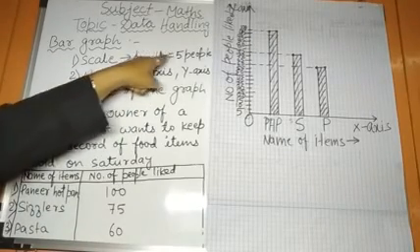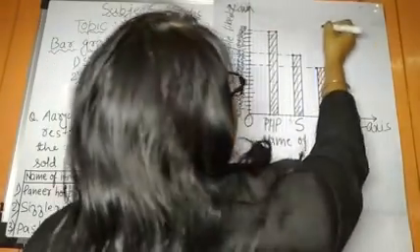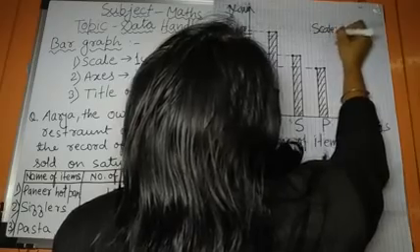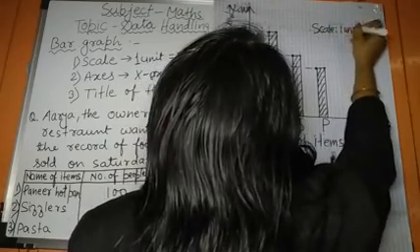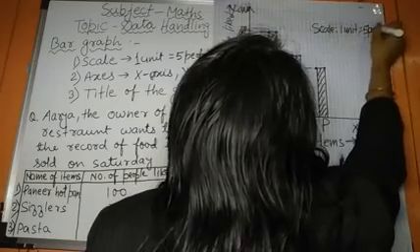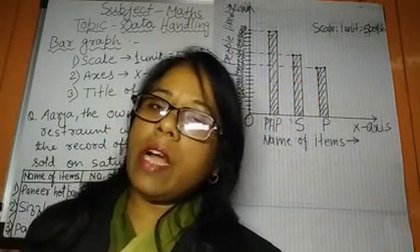Scale I have used 1 unit is equal to 5 people. So you have to mention here scale, that is 1 unit is equal to 5 people. That is very, very important, because without a scale your graph is incomplete.